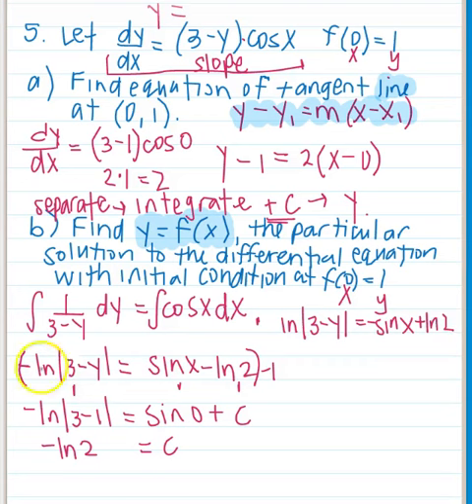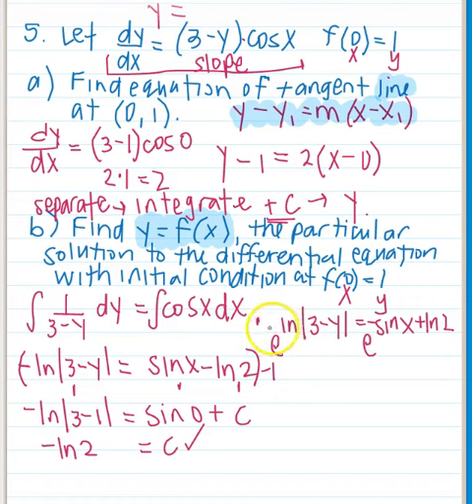So some people might have multiplied by -1 before they found c, and then they found c to be a positive ln 2. Like I said, they're not looking for the actual c value you got. They're looking that you found a c correctly in whatever method, and then you solve for y correctly. So from this step, I raise both sides to the e power.